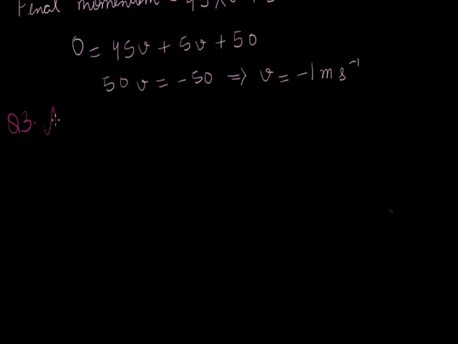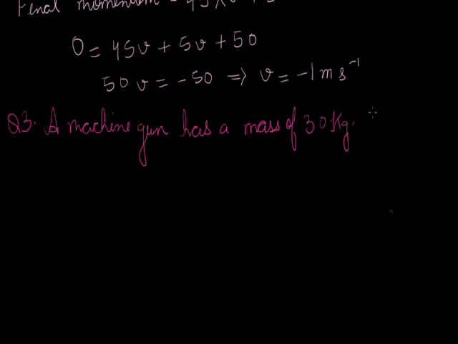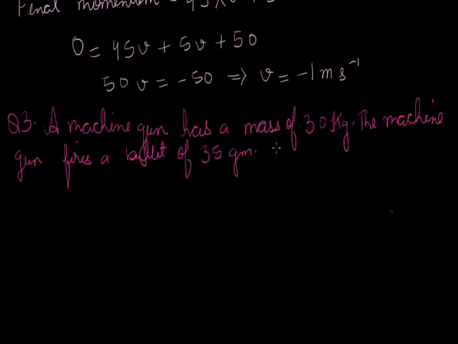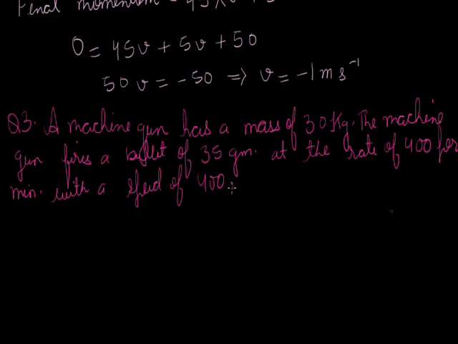Question number 3. In this question, there is a machine gun having a mass of 30 kg and it fires bullets of mass 35 gram at the rate of 400 bullets per minute, and it is done with a speed of 400 meter per second.